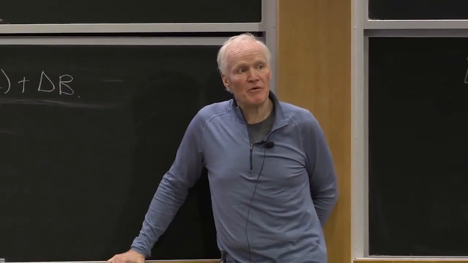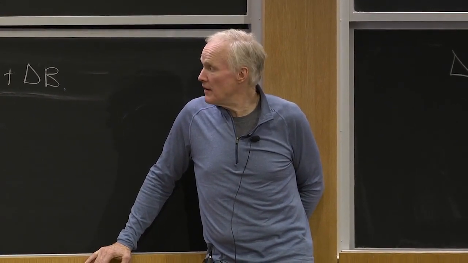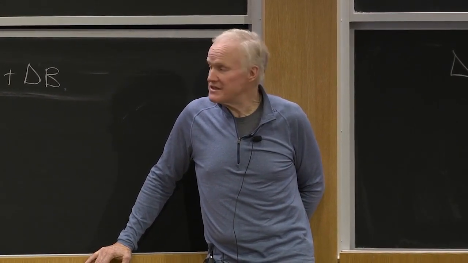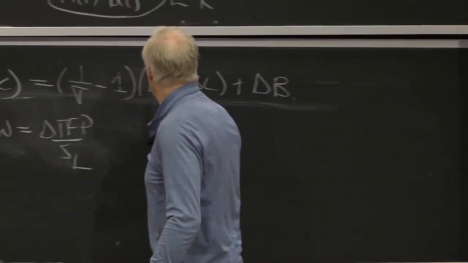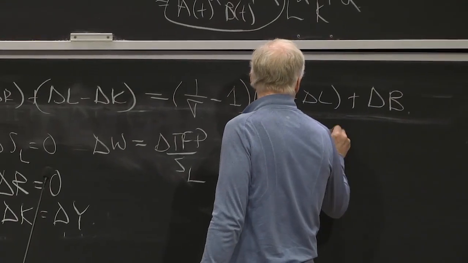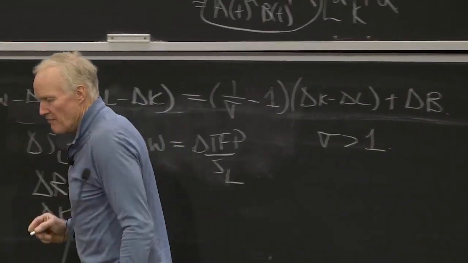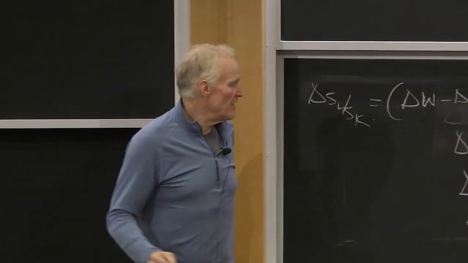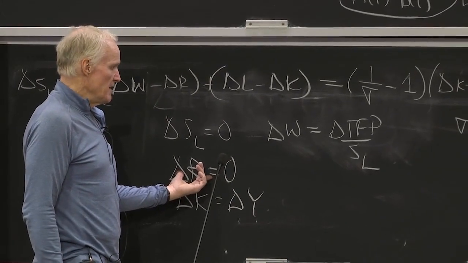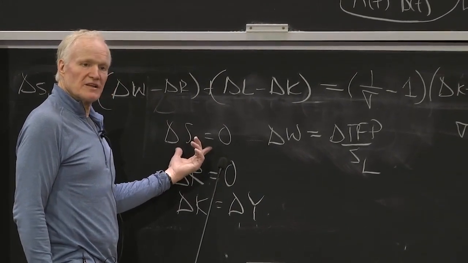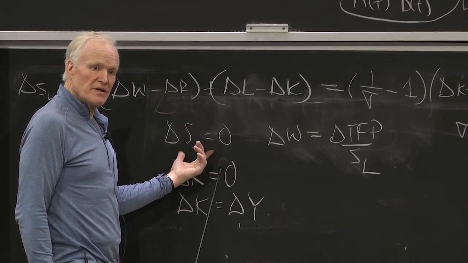What would happen if sigma were bigger than 1? What happens when sigma's bigger than 1? What if I had the neoclassical growth model facts? That is, the long run return to capital was constant, but labor share wasn't constant. Labor share was changing.